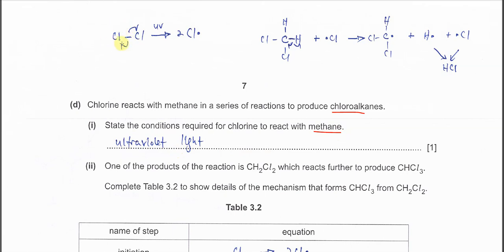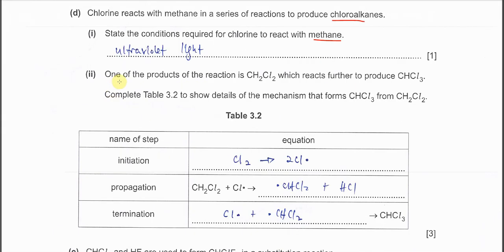So it will break homolytically to form two radicals like this. And this chlorine radical will approach the hydrocarbon and induce another radical formation. We'll discuss this one later.